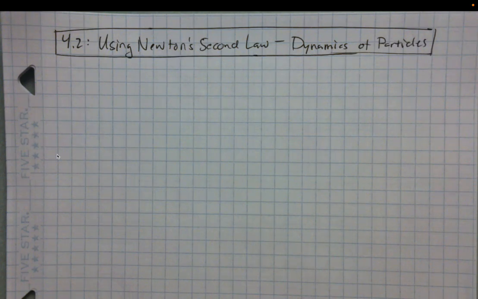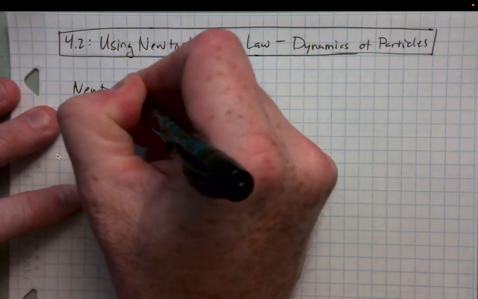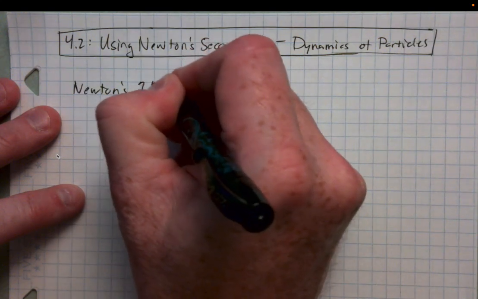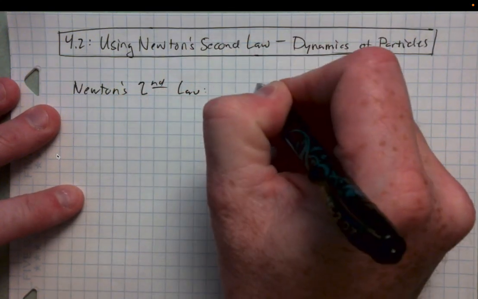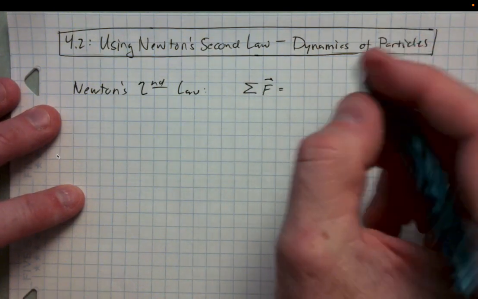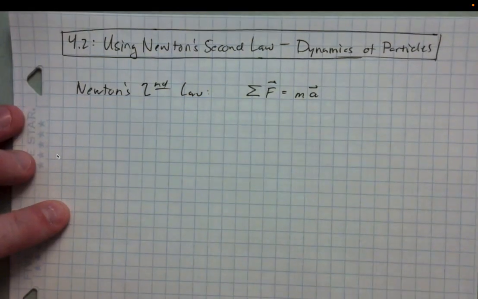So in this section, we're going to look specifically at problems that make use of Newton's second law. Let's remember what that law said. The sum of the forces exerted on an object is equal to the object's mass times the acceleration of the object.